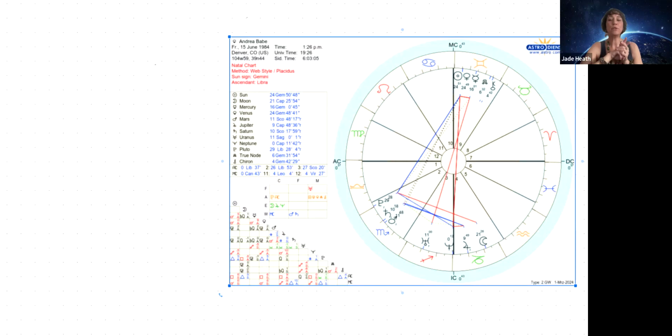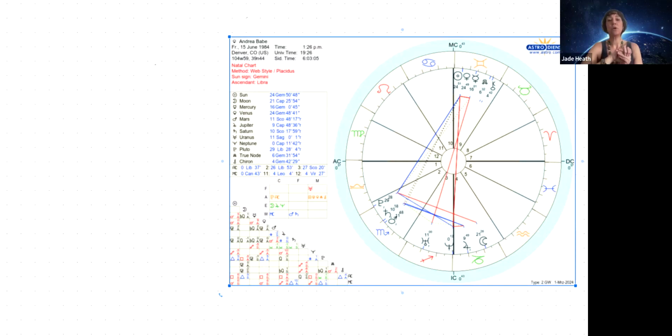When we move to the other fire signs, we have Aries, we have Leo, and we have Sagittarius. So if we're just looking at fire signs so that we can understand this idea a little deeper, Aries is a cardinal sign, Leo is a fixed sign, and Sagittarius is mutable. And it moves like that throughout the entire zodiac.